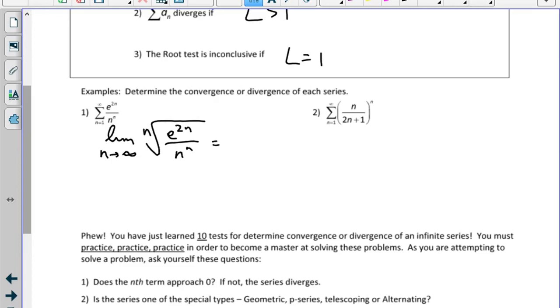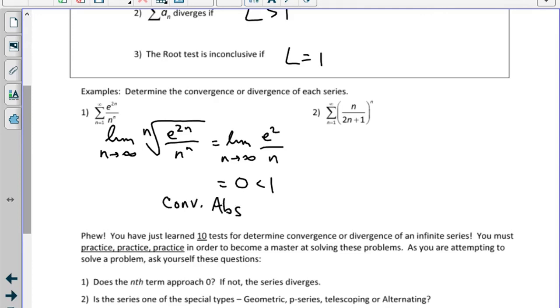I'm just going to simplify this. So this ends up being the limit as n goes to infinity of e squared over n. And if we make n go to infinity, that's equal to 0, which is less than 1. So this converges absolutely.